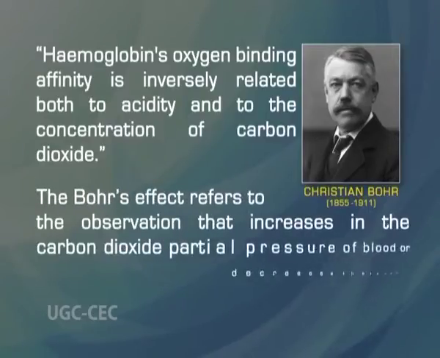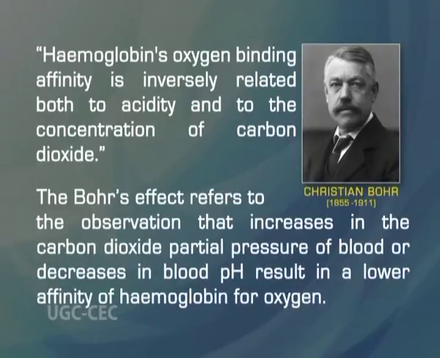The Bohr effect refers to the observation that increases in the carbon dioxide partial pressure of blood or decreases in blood pH result in a lower affinity of hemoglobin for oxygen.